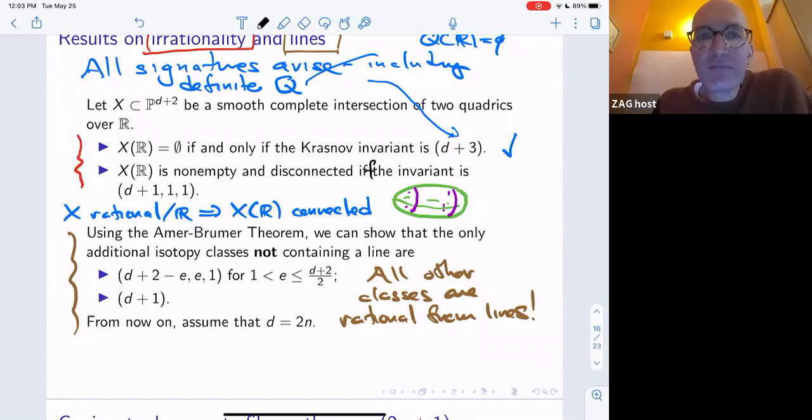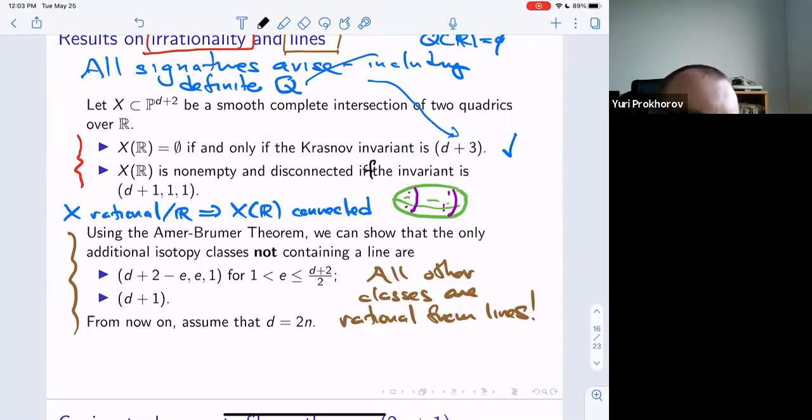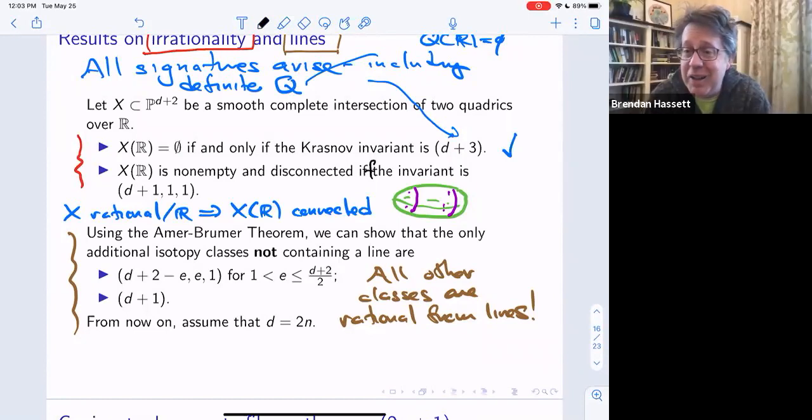Any other question? How about stable rationality? That's a really great question, and I don't know much about it. It would be beautiful to have an instance of these complete intersections of two quadrics that are stably rational, but not rational. Excellent question; I wish I knew the answer.